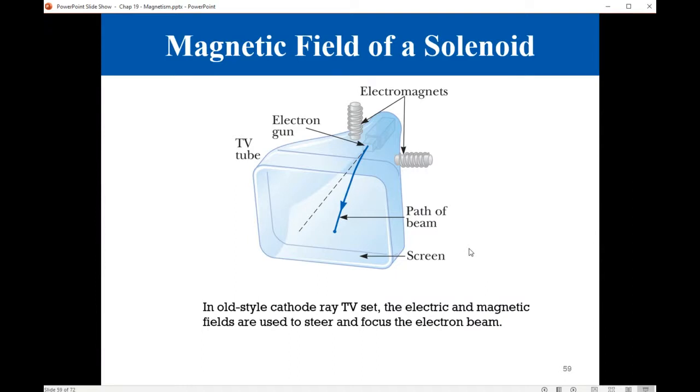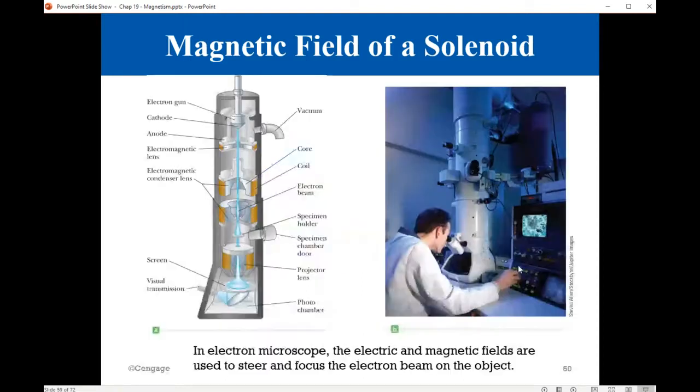Among the many important applications for solenoids is the beam optics that we use to steer the beams of charged particles. Like in this old style cathode ray TV set, we have a beam of electrons. We can control the direction of motion using electromagnets to steer the beam in any desired direction as it falls on the screen.